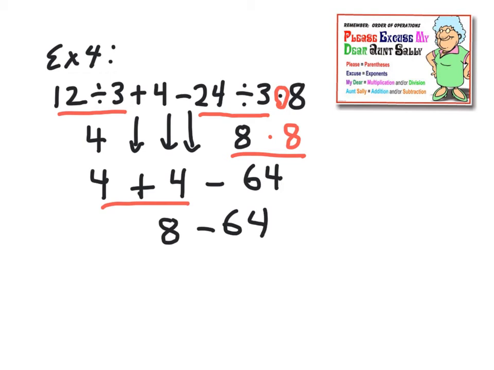Well, this is going to bring us into the negative numbers. Now, I didn't mean for this to happen, but that's okay. If I'd have $8 in the bank and I withdraw 64, I am going to be in the negative. I've taken out more than what I had, and the bank's not going to be happy about that, and I'll probably get charged a nice little fee.